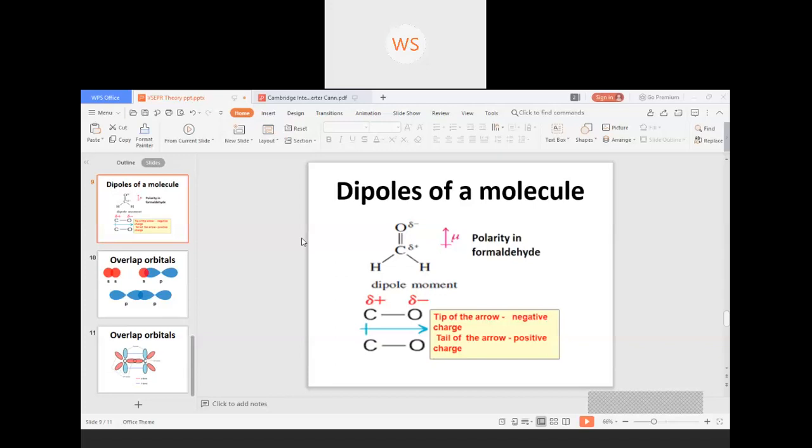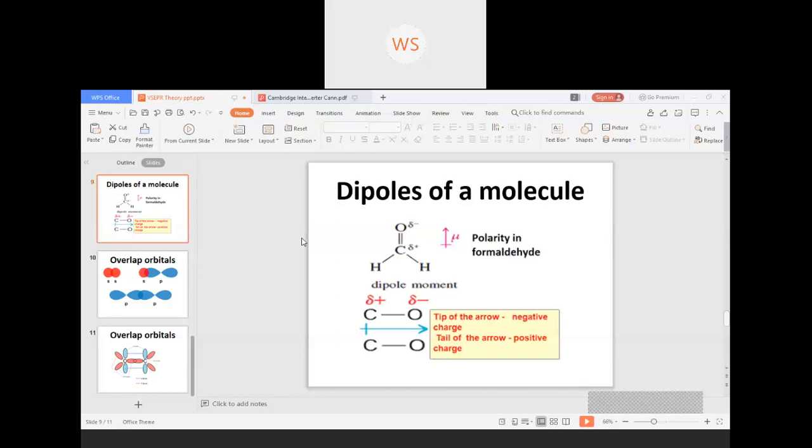So, what is the angle? We count the lone pairs and bond pairs from the central atom.